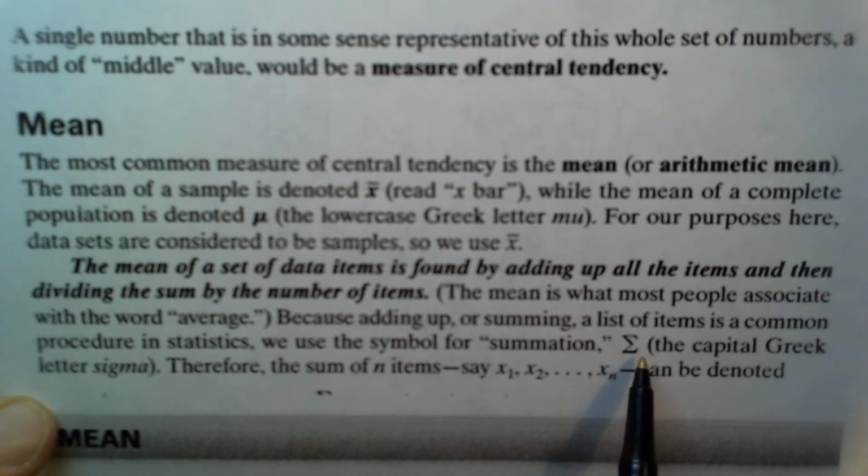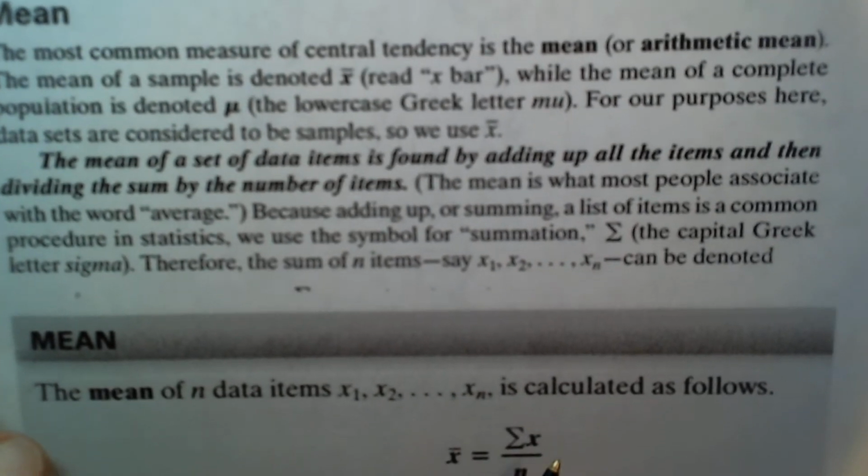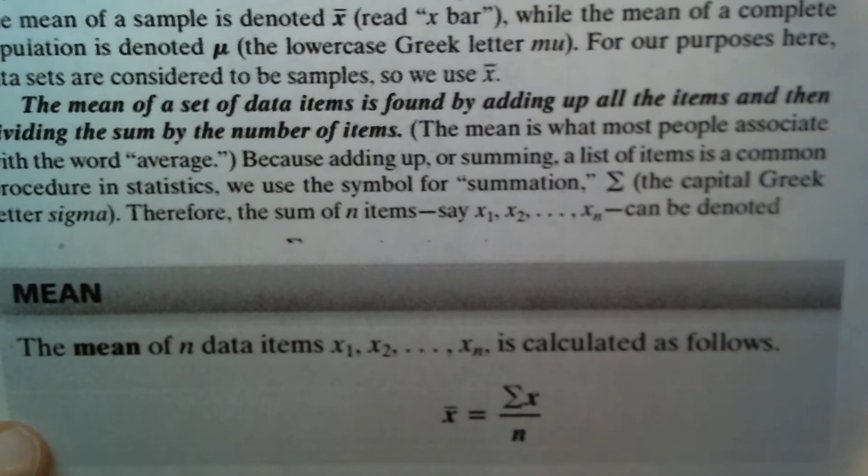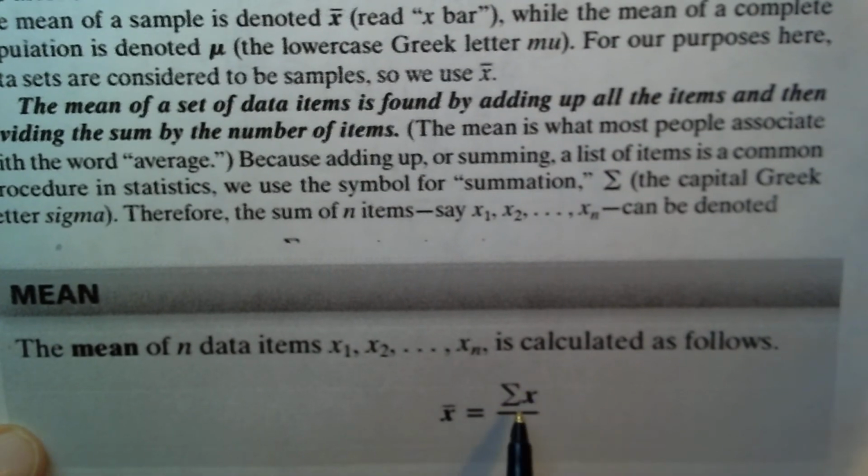There's a capital Greek letter sigma. It's a capital S, so to speak, for sigma. And so therefore the sum of n items, say x sub 1, x sub 2, x sub n, can be denoted by this symbol here. The sum of all x.